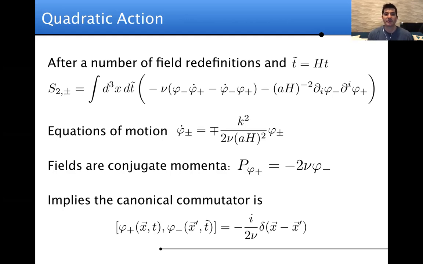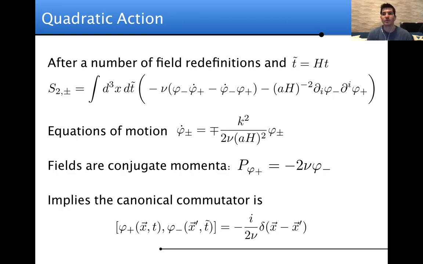This is such that the leading equations of motion, the 0th order gradients, are just that phi plus and phi minus are constants. And this should make sense because we factored out the behavior in long wavelengths, so that those pieces would have been the constants in the long wavelength solutions. And at subleading order, we find gradient corrections.